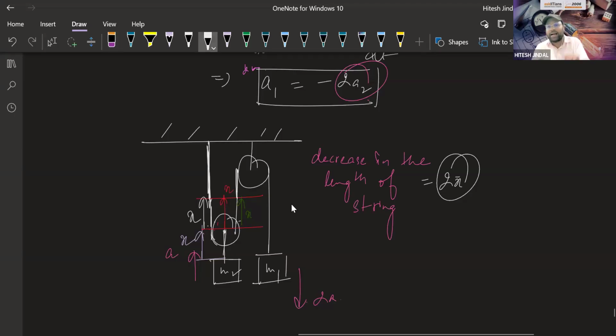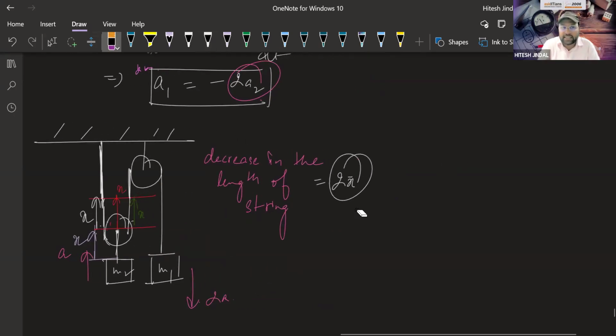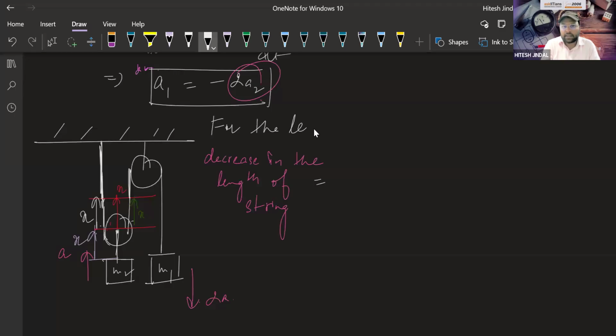If the length of the string has to remain constant, then the decrease in the length of the string should be equal to the increase in the length of the string. Just take your time to understand it.